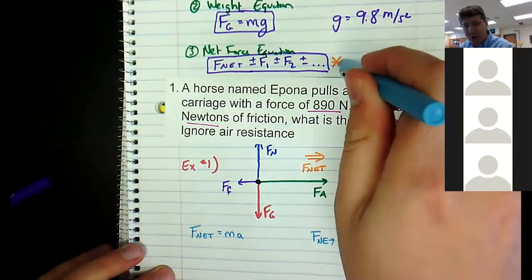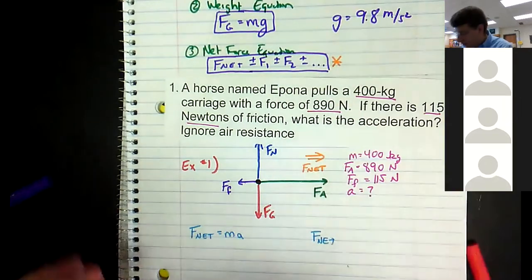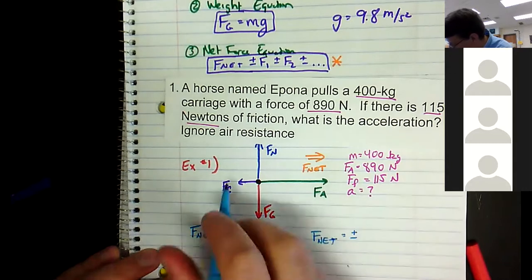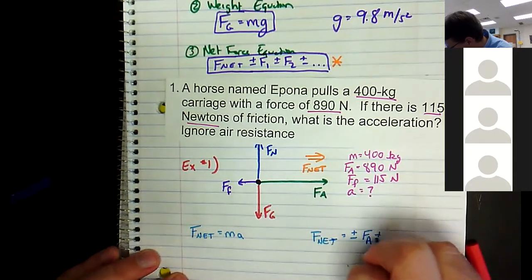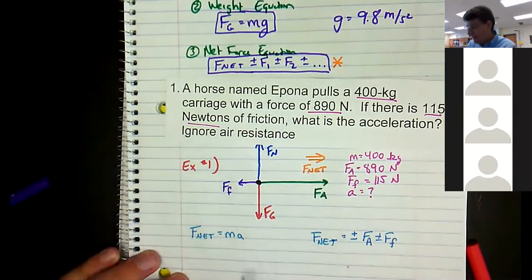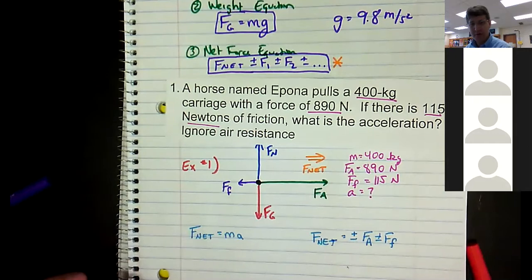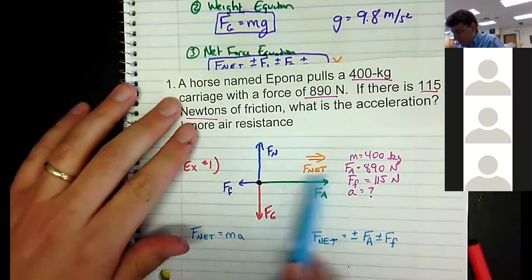So for this problem, we're going to write this equation as plus or minus all the forces that are going horizontally. So plus or minus FA, plus or minus FF. Any forces that are going vertically, we're going to ignore, because the net force is only going horizontally.